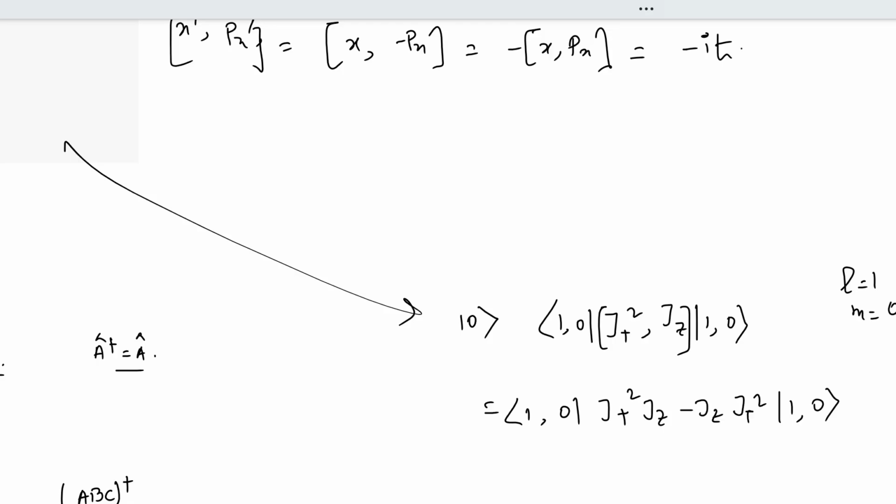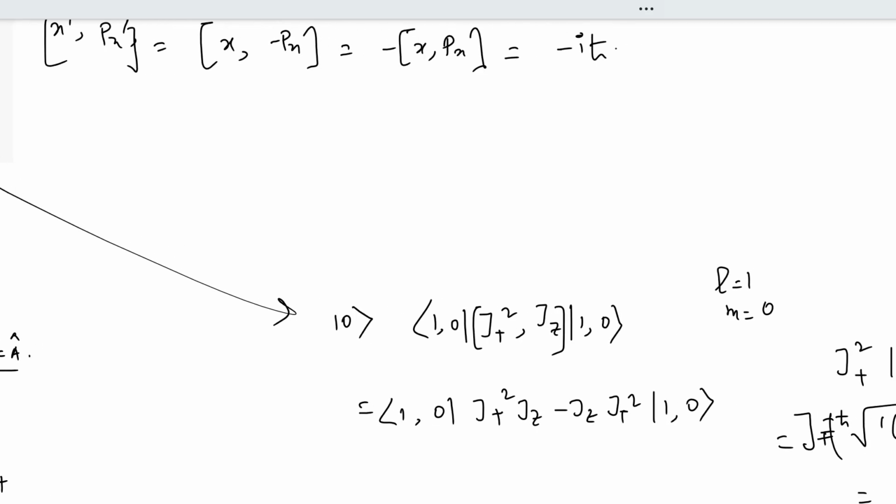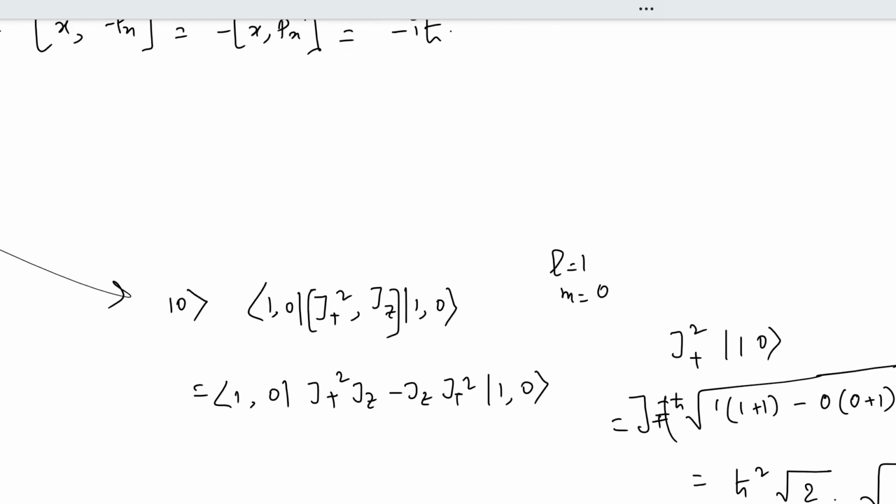This was root over of 2 earlier. Now your j is again 1 into 1 plus 1, minus m into m plus 1. So this is 1 2 because it is now m plus 2. So this is root over 2, this is 2 minus 2, so this is 0. So j plus squared acting on this is already 0.